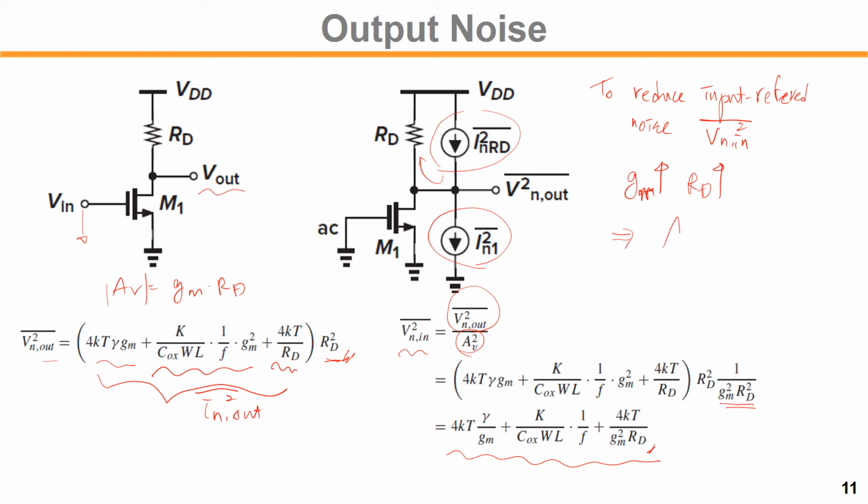So if you have a large AV, because AV is gm RD, having a large voltage gain results in lower noise. On top of that, if you want lower flicker noise, then the WL area must also be large. So how can we implement lower noise? Based on that analysis, you can find a way to get lower noise.